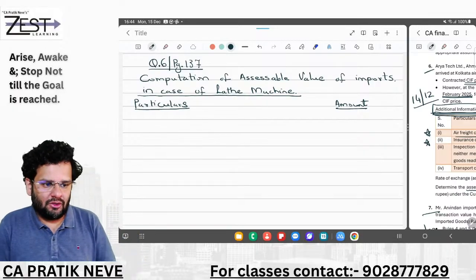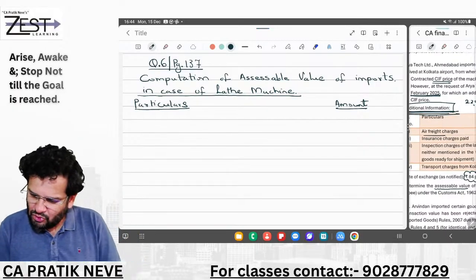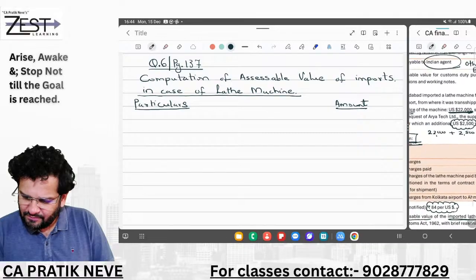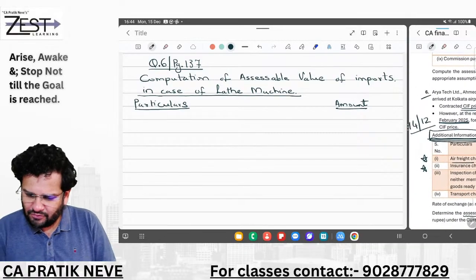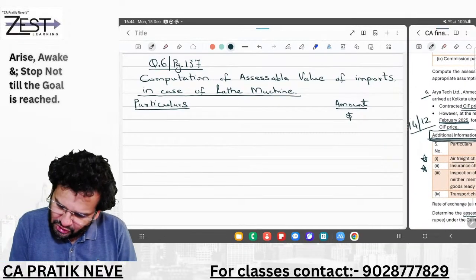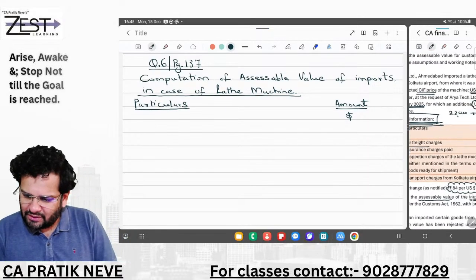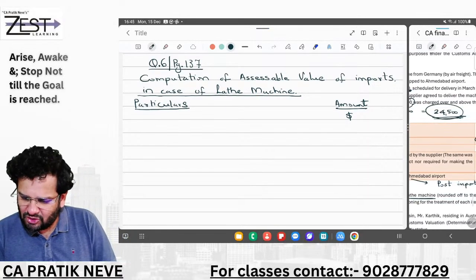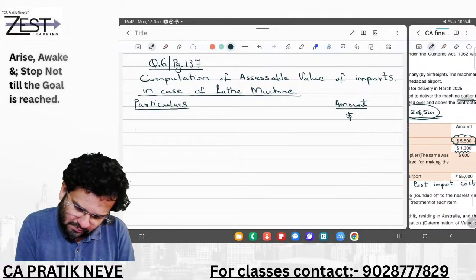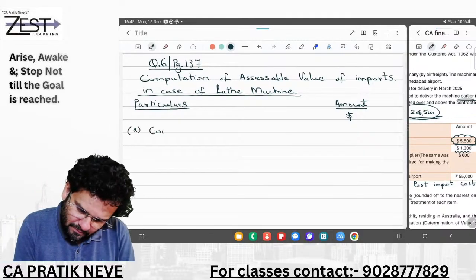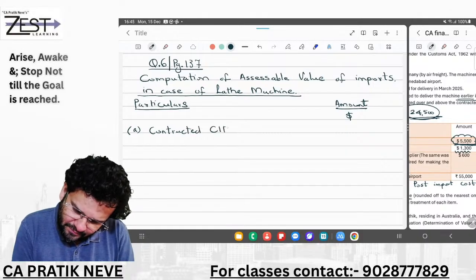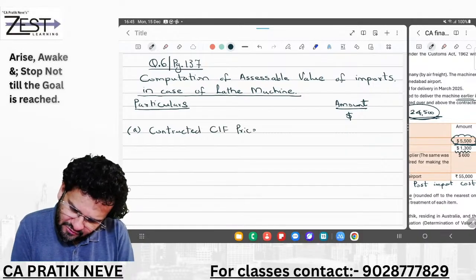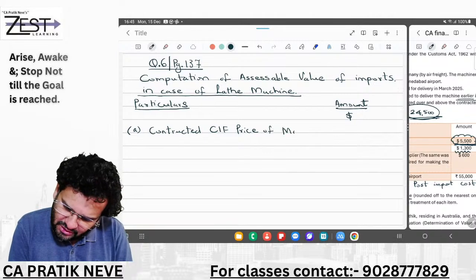Particulars and amount. So first of all, you will have US dollars, or whichever dollars it is. First of all, it will start with dollars. Contracted CIF price of the machine.